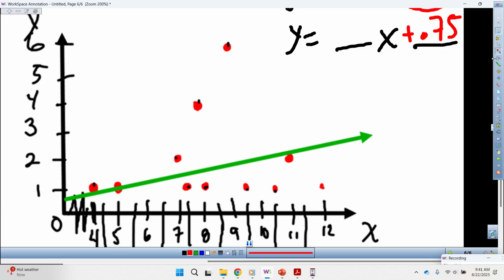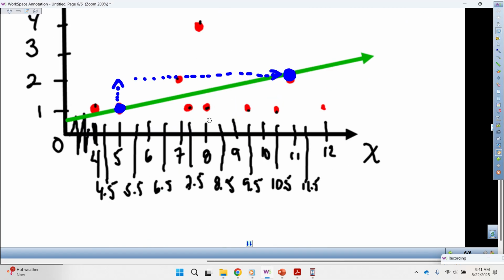The m stands for slope. That means I need 2 points on the line. This point and this one that's touching right there. So to get from here to here, I need to go up, and I need to make a right turn to that point. So here we go. How many steps do I take up, guys? 1, that is correct, because I'm going from 1 to 2.